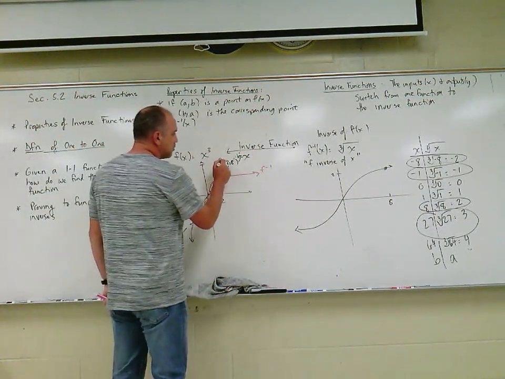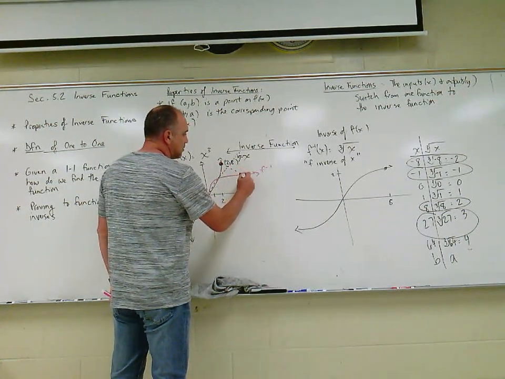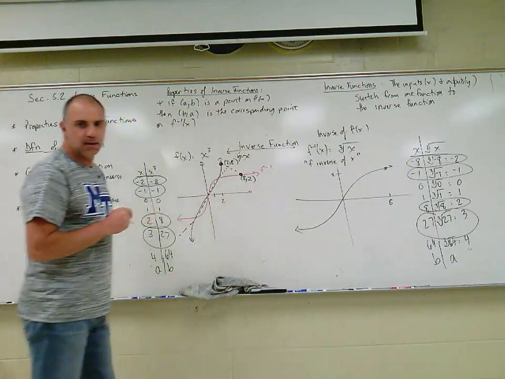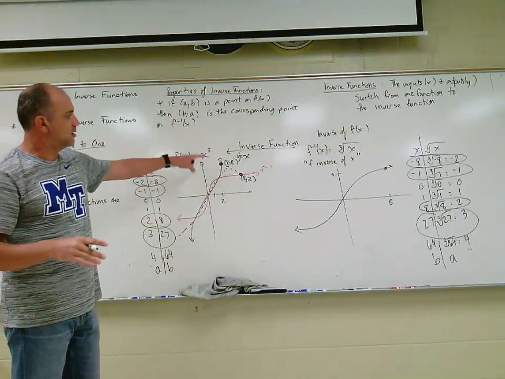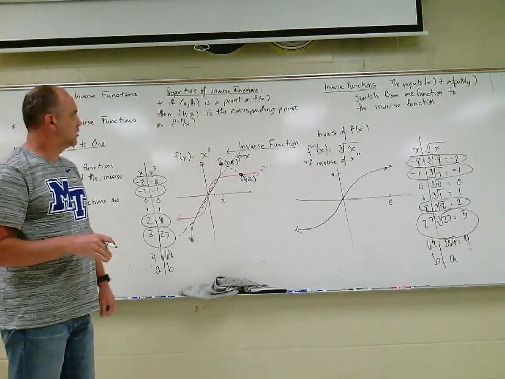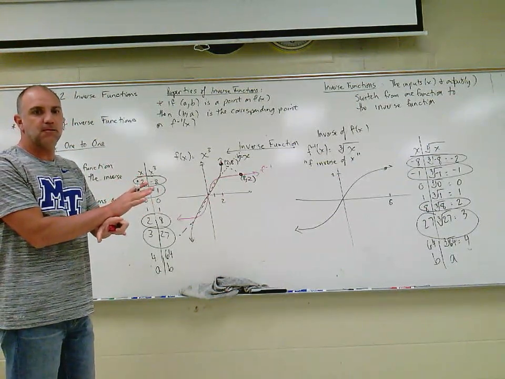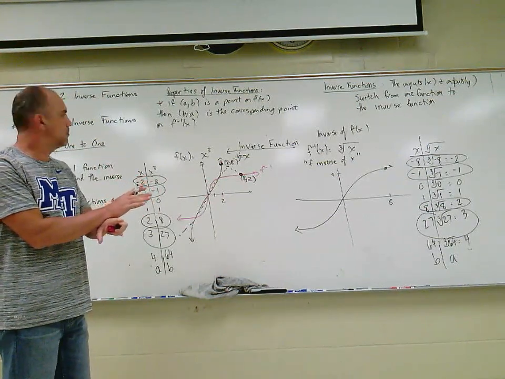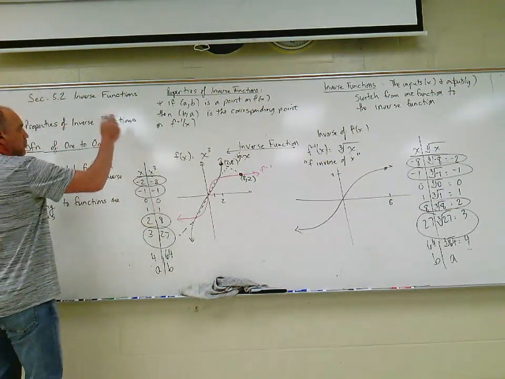So what we mean by the corresponding point is if I flip that point to here, that should be the point (8, 2), okay? And that's what I mentioned when I said that if we have (2, 8), we have (8, 2): it's the flip about the line y equals x. So if we put both functions on one axis, their graphs should be symmetric about y equals x, okay? So I'm going to add that.